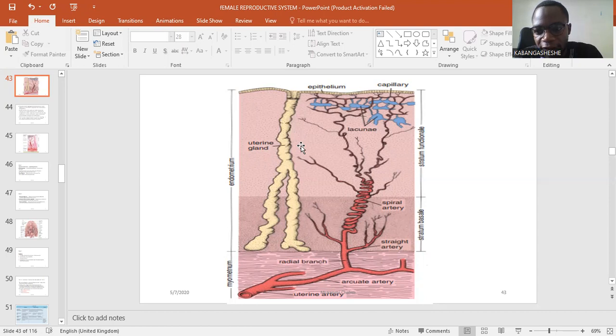Remember, the uterus has those three phases: the uterus when it's shedding, the uterus after shedding, and the uterus during ovulation. So we have uterus in the menstrual phase, uterus in the proliferative phase when the uterus is building itself, and uterus in the secretory phase when the uterus is ready to receive the zygote in an event that fertilization occurred.